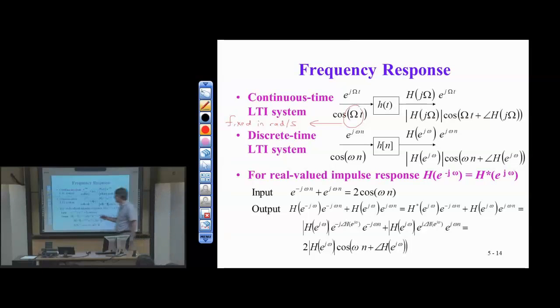So now our fixed frequency is omega. This is fixed, and this is in radians per sample. This is nice for lots of reasons.